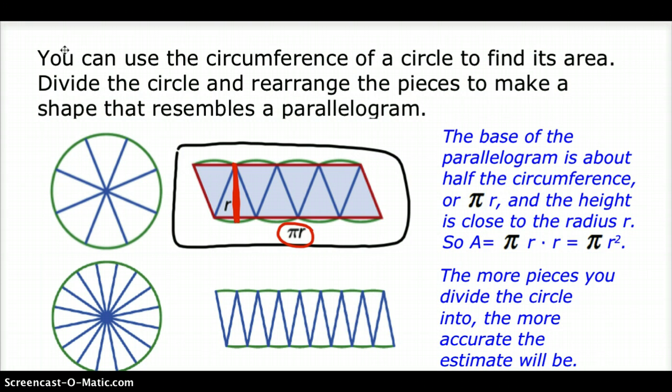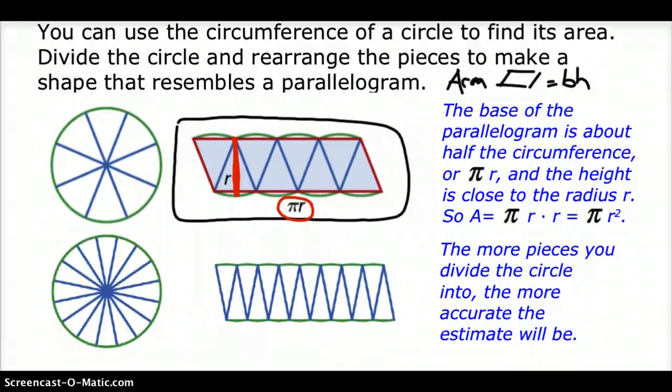And if you recall, the area of a parallelogram from our last section is just base times height, right? So if we say the area equals pi times r, you get pi r squared. So that's how we can develop the formula for the area of a circle.